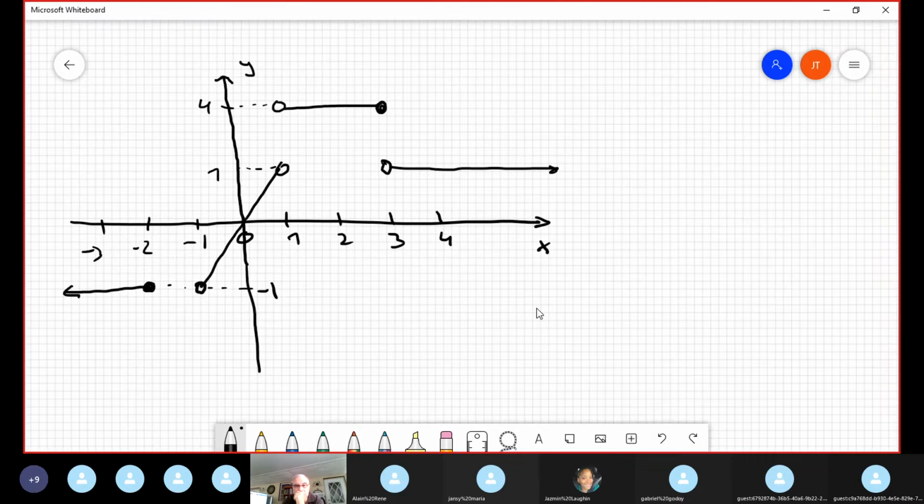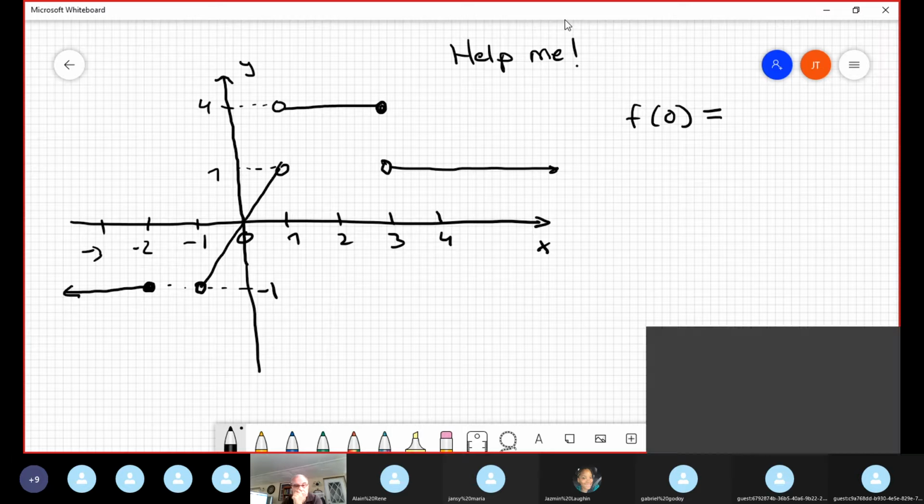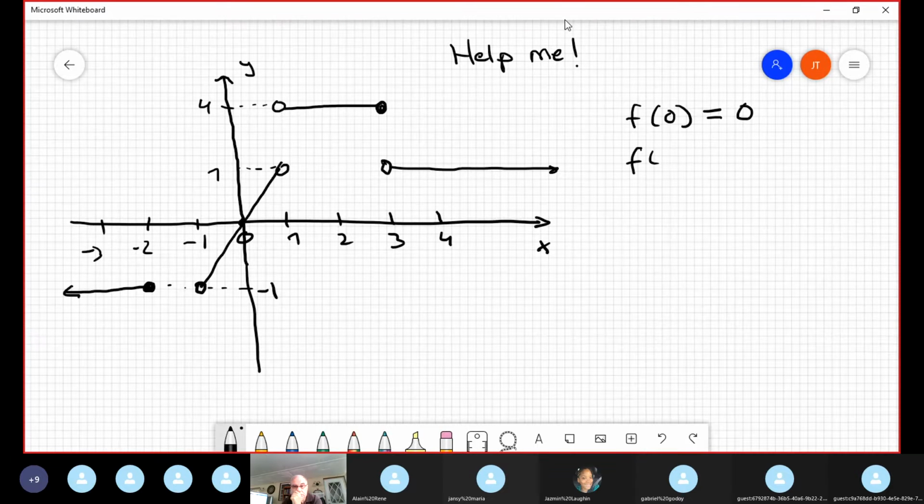You want to complicate your life. Evaluate the function at 0. It's 0. Very well. The y associated is 0 because that point is (0,0). Evaluate the function at 1.